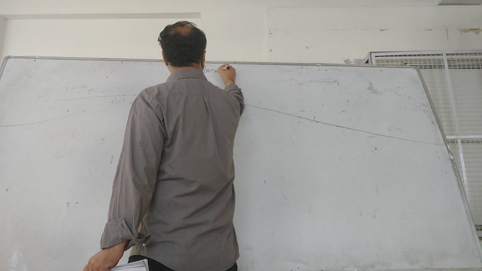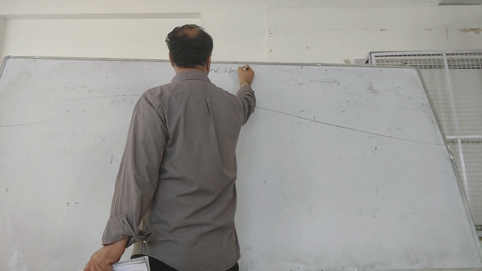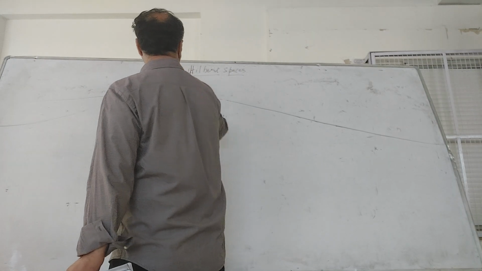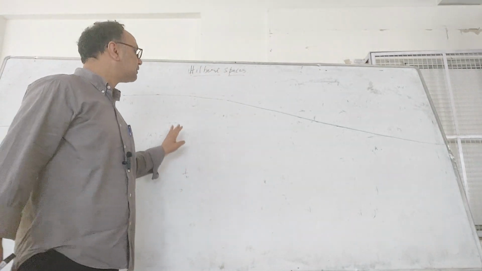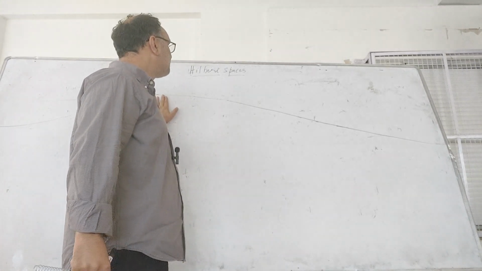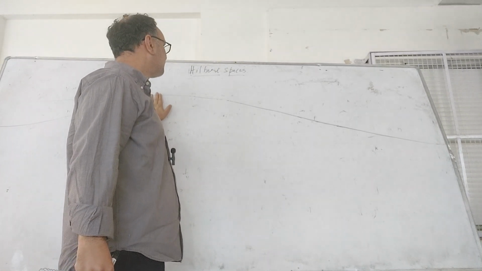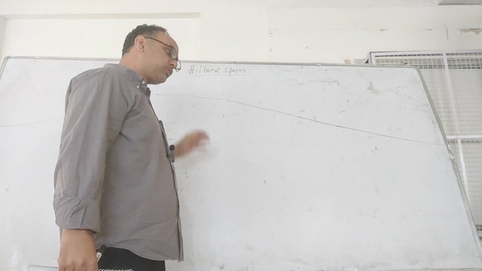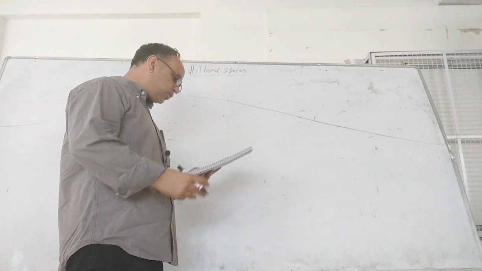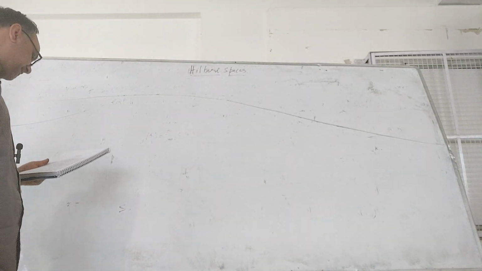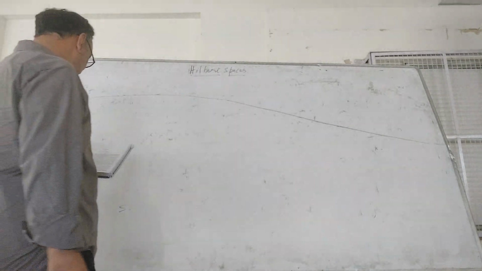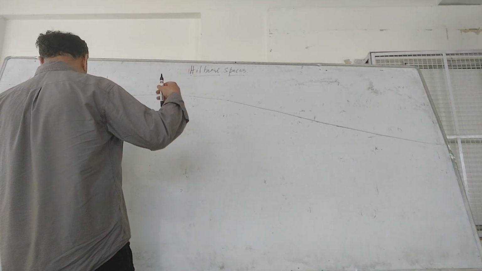Hilbert spaces are normally studied as infinite dimensional vector spaces. But since we have been studying finite dimensional vector spaces, how do we see them in that context? Finite dimensional inner product spaces.